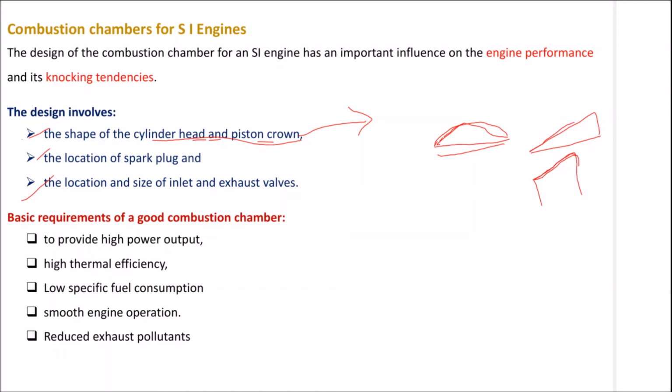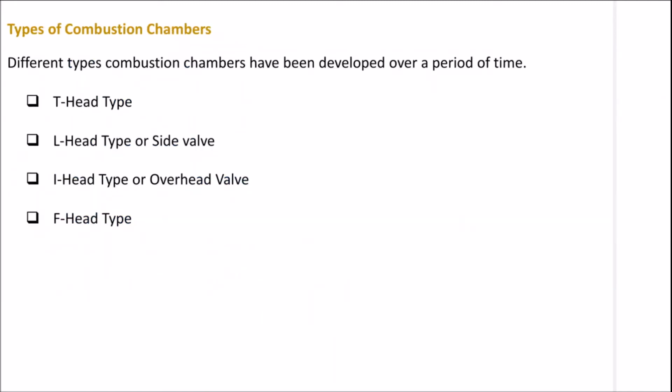Okay, and depending upon the location of spark plug and exhaust valve, combustion chambers are classified as T head type, L head type or side valve, I head type or overhead valve, and F head type. Okay, these are the four types of combustion chamber depending upon the valve location and spark plug location.